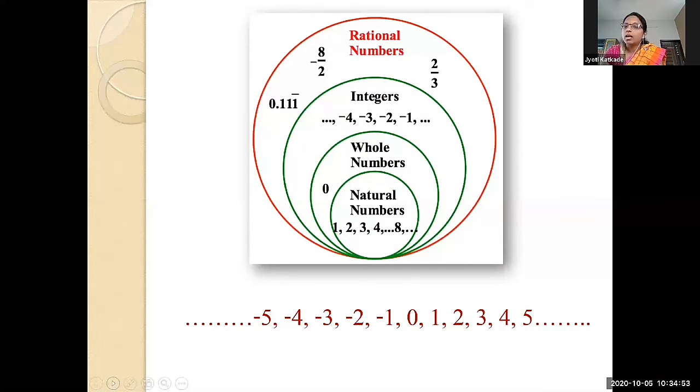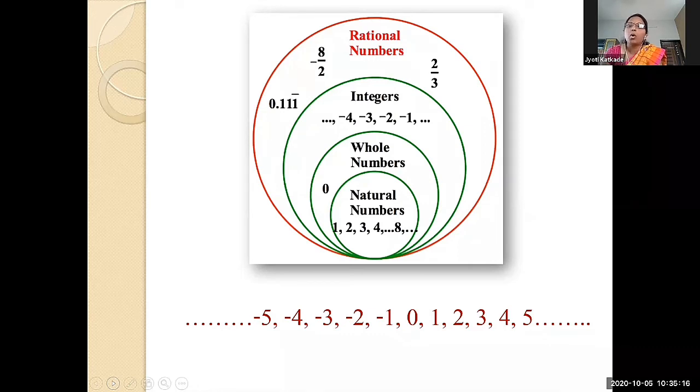Now, which are the whole numbers? All natural numbers, including zero, these all numbers are called whole numbers. Means whole numbers start from 0, 0, 1, 2, 3, 4, and so on. Now, which are the integers?